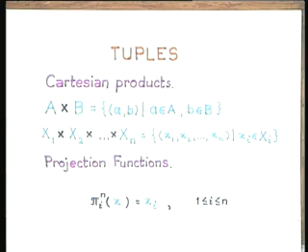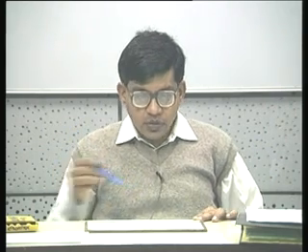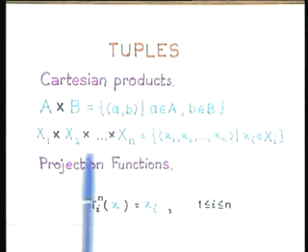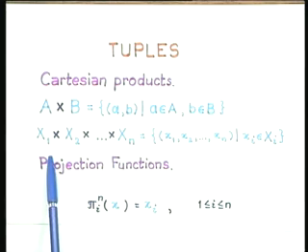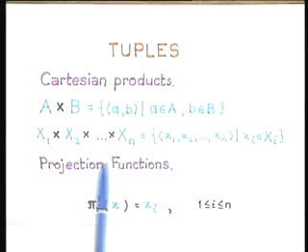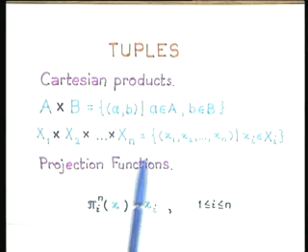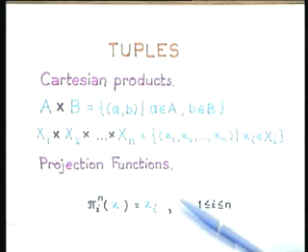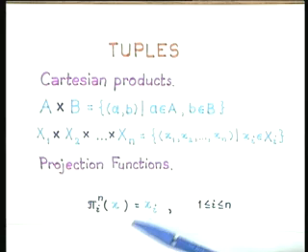So, given a tuple, the ith component of that tuple should be extractable. Remember that all these individual sets may be of different types, I mean they may all be really different sets. So, what you are looking for are forms of projections, projection functions.